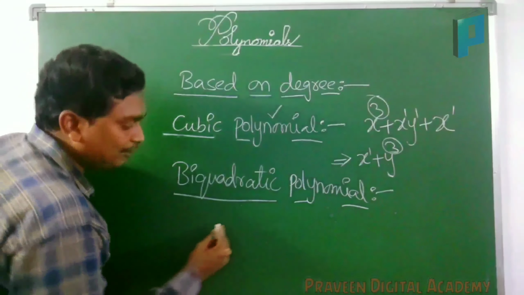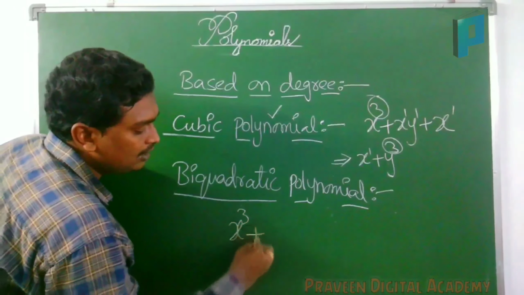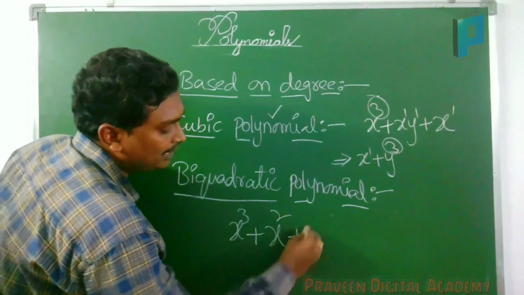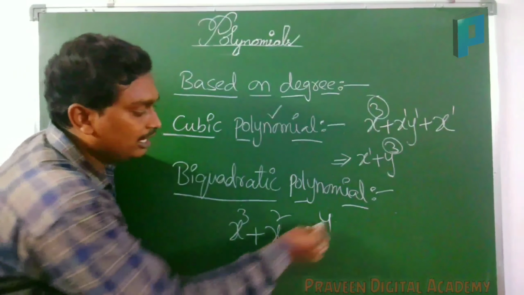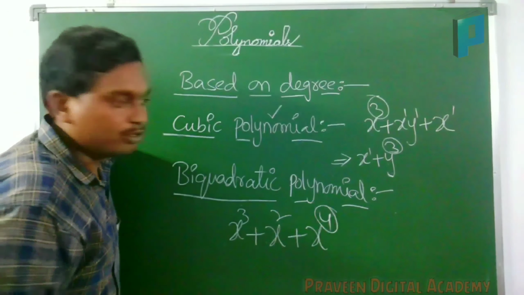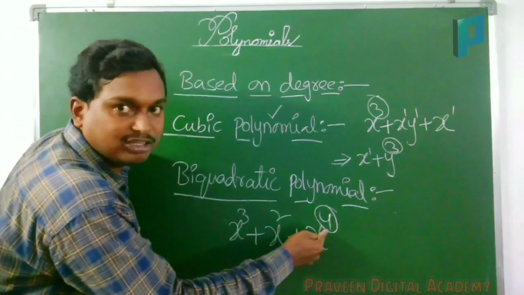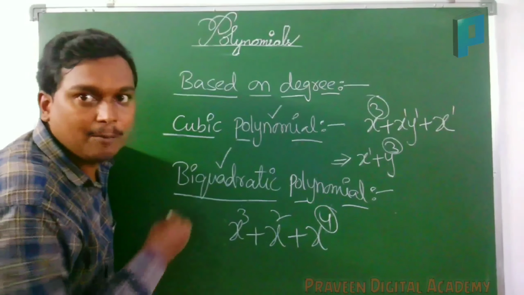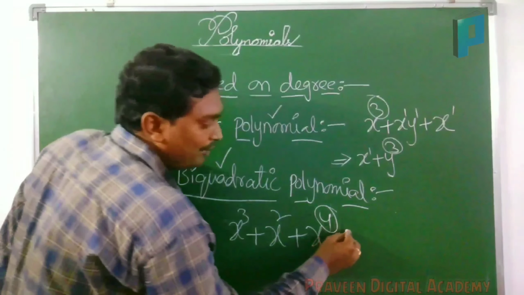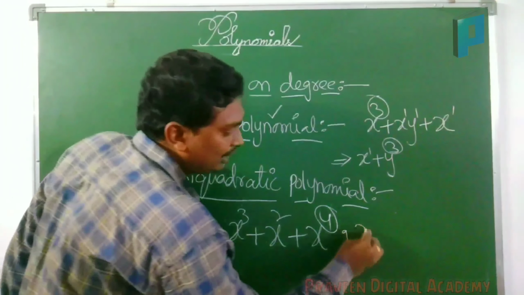Let me have some examples here. x power 3 plus x square plus x power 4 is there. What is the highest power here? Highest power is 4. So, if the highest power is 4, then we will call such type of polynomial a biquadratic polynomial.